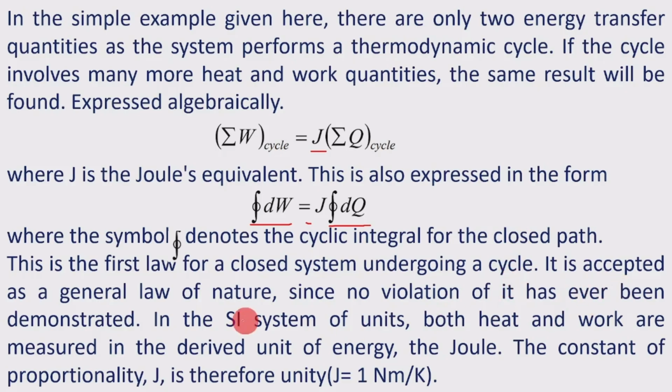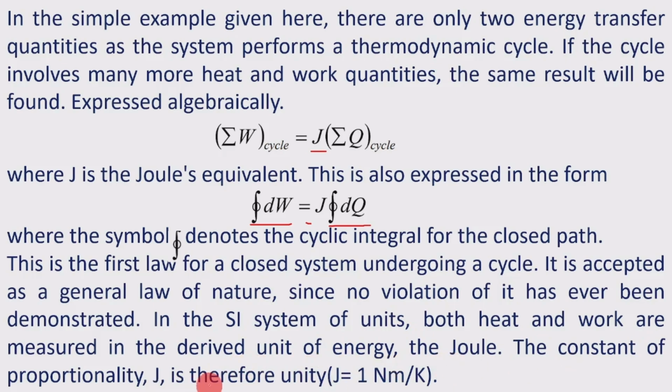It is accepted as a general law of nature since no violation of it has ever been demonstrated. In the SI system of units, both heat and work are measured in the derived unit of energy, the joule.